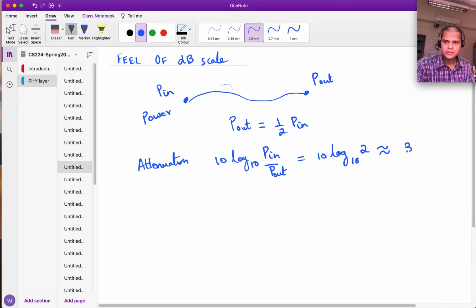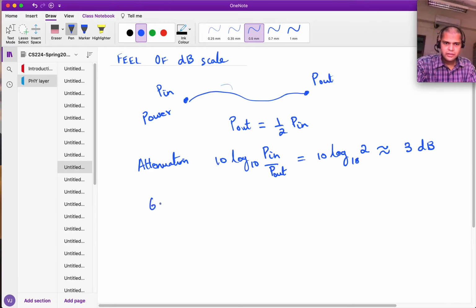So roughly you get 3 dB over here. Okay, so it's not exactly 3 dB, but roughly it's 3 dB. So when you have a 3 dB attenuation somewhere, you know that the power has decreased by half. And you can think what the amplitude would have been, how much it would have decreased. Right? But 3 dB attenuation means half of your power was lost.